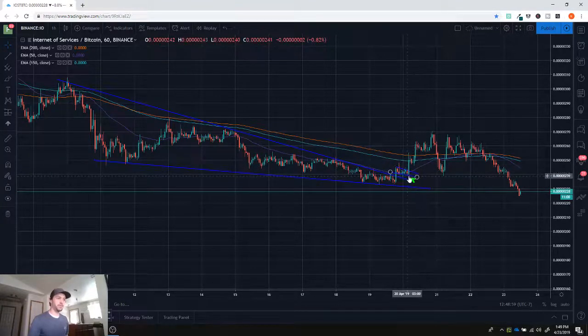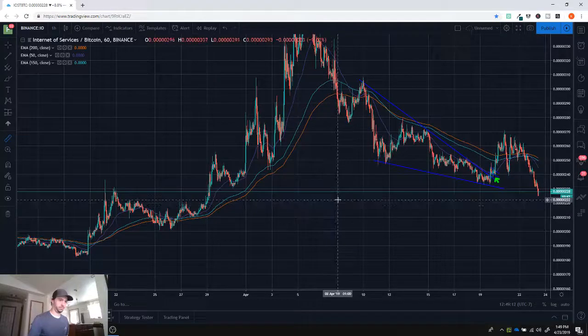And then we took off. We signaled right here at the bull flag. So potential profits here. Looks like we're coming back down to retest this low. I don't see support coming in until we come back down into the 220 Satoshi range.